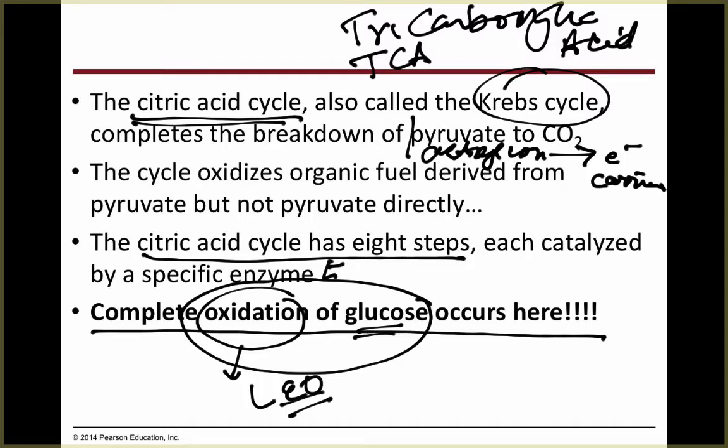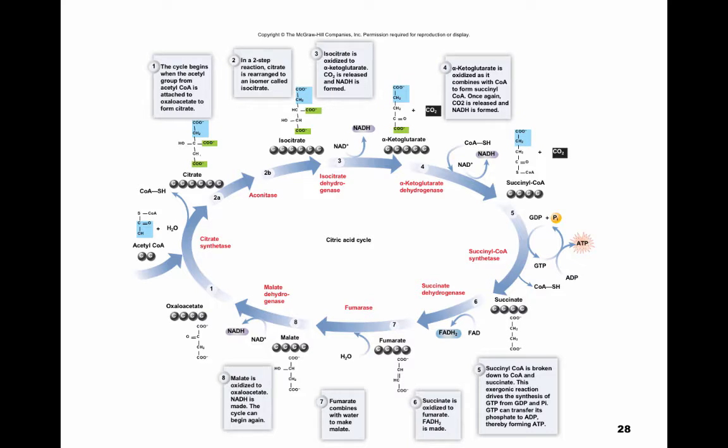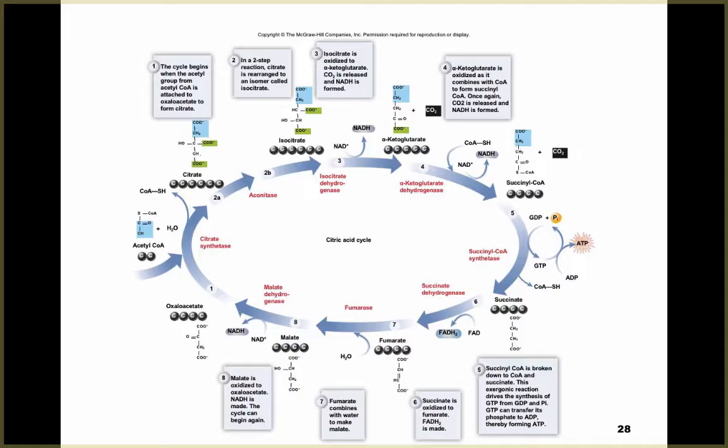Each step is basically done by a really cool enzyme. So just imagine if you were in my majors class or anything like this, you would end up having to know all the enzymes for everything that we're talking about today. But we're not. What I want you to do is look at the citric acid cycle, and we're going to talk a little bit about it. So here's acetyl-CoA and water.